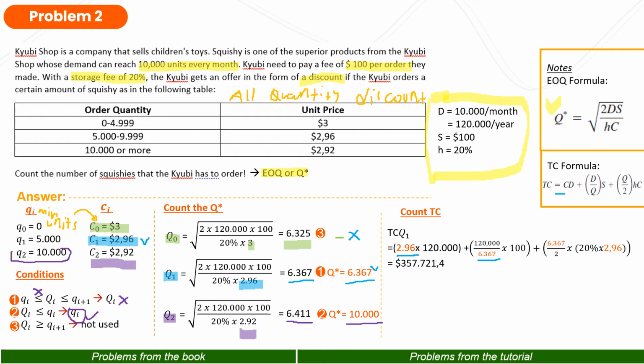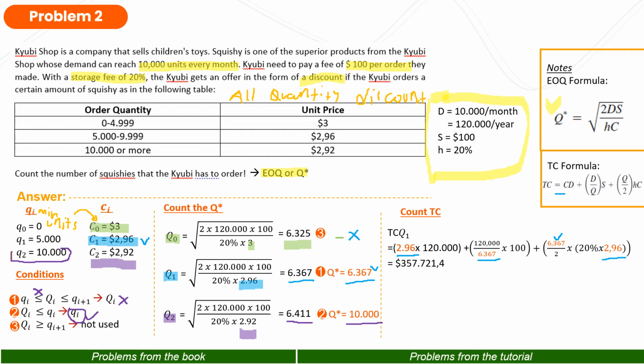So for the Q1, the Q star is 6,367 times 100, plus the Q star divided by 2 times the holding cost, and we get for the Q1 the total cost is 357,720.4.